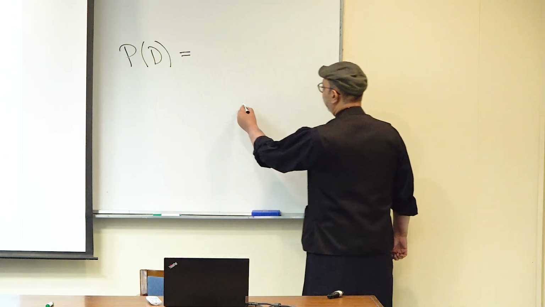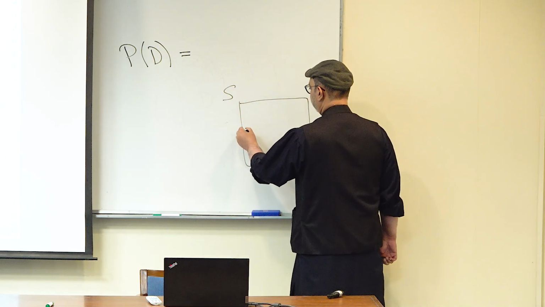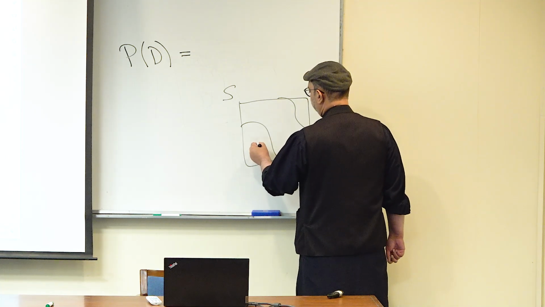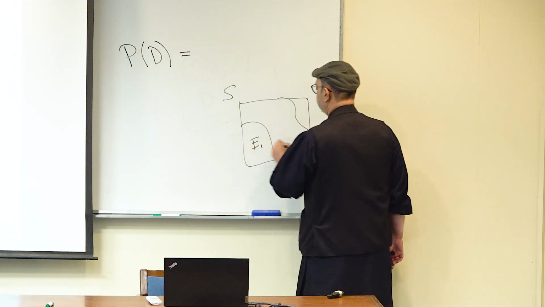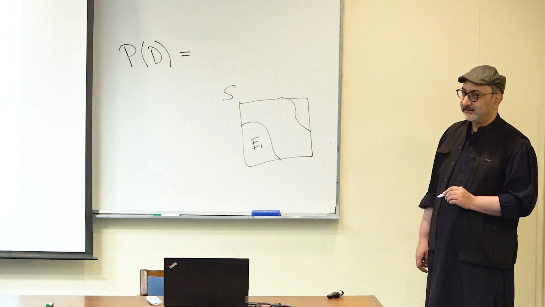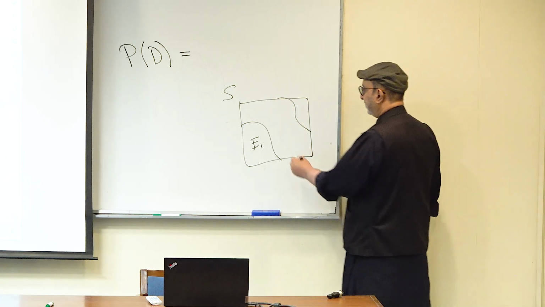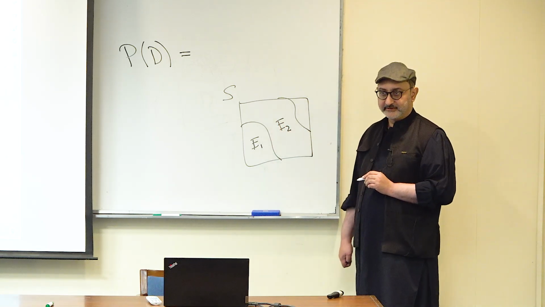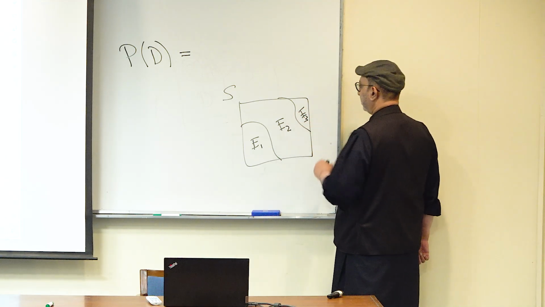Right, okay, so I can think of it this way. Here's S. So here's the event that the brain comes from supplier 1. We'll call E1 means coming from supplier 1. Then there's the event that the brain comes from supplier 2. Then there's the event that the brain comes from supplier 3.